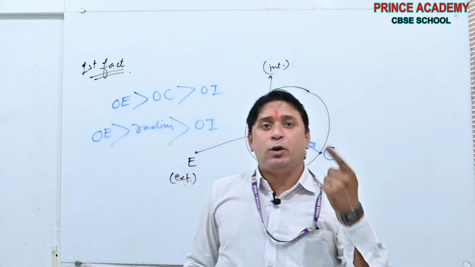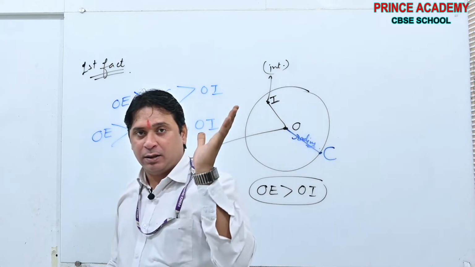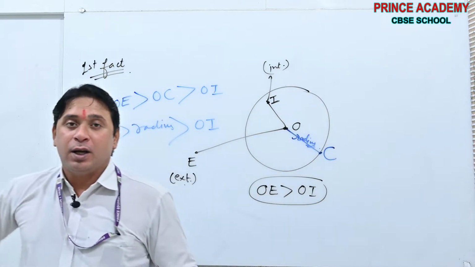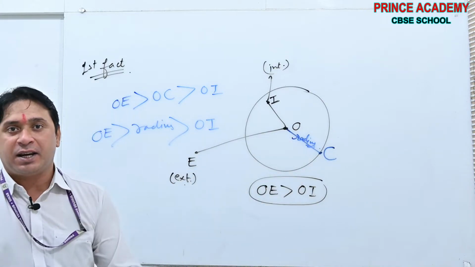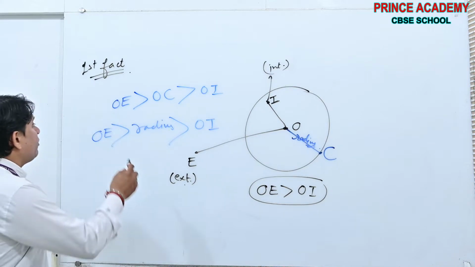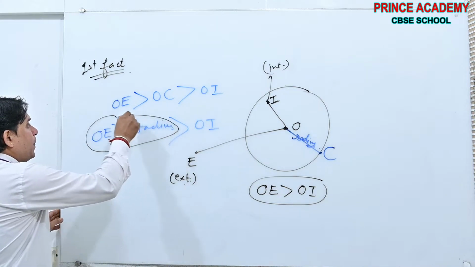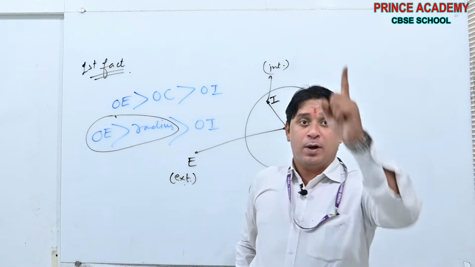What I am trying to explain to you is that the distance of a point which is outside the circle from the center is greater than the radius. Yes or no? This fact we will use in the theorem.